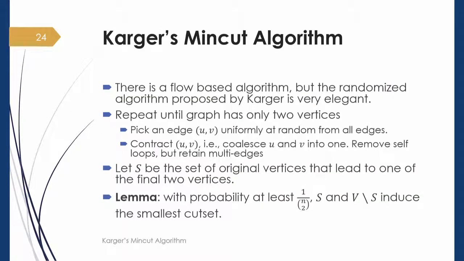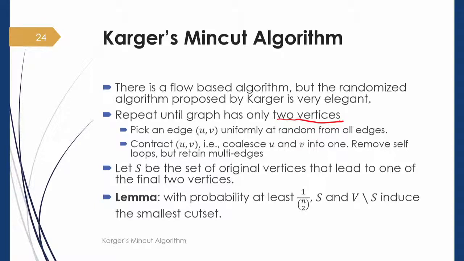As I mentioned earlier, you may have seen a flow based algorithm, but in today's lecture we are talking about a randomized algorithm, and here is how the algorithm goes. We start with the full graph, and we repeat the next two steps until finally we are left with just two vertices.